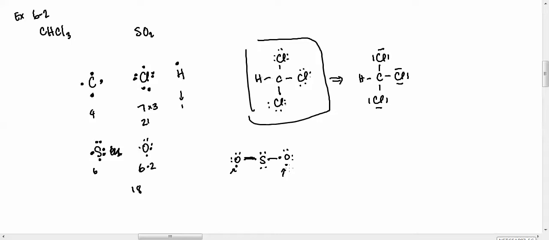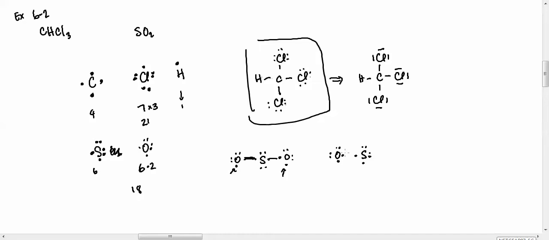Let's try this. Sulfur, 1, 2, 3, 4, 5, 6. And I think what I'm going to do is, my oxygen out here, 5, 6, I want him to create a double bond.